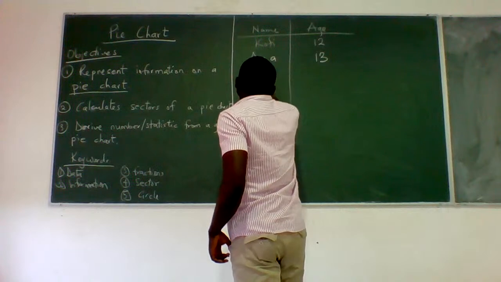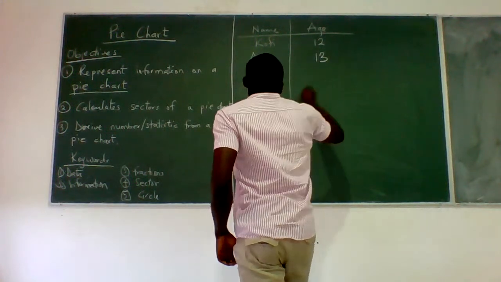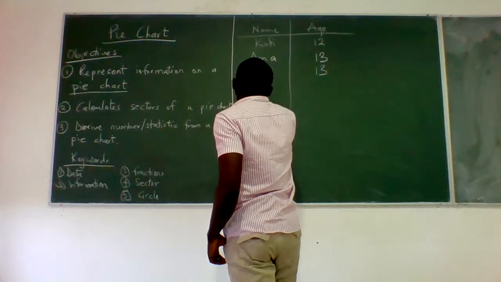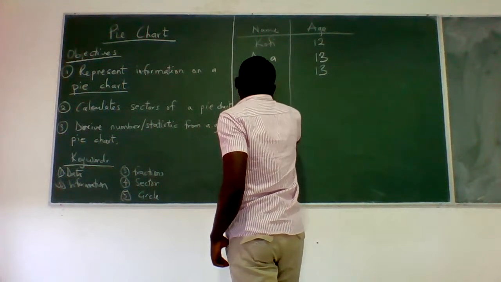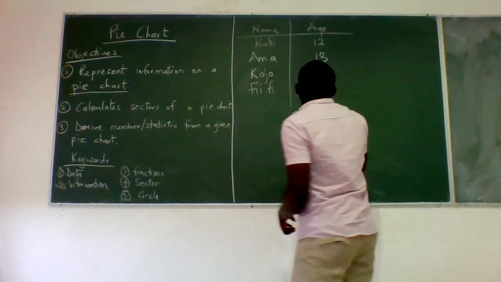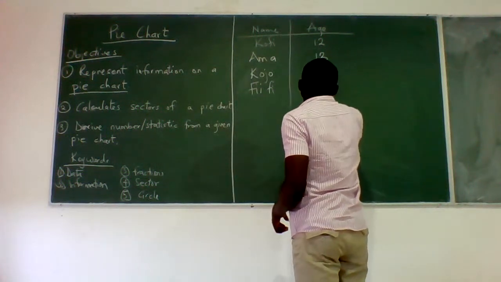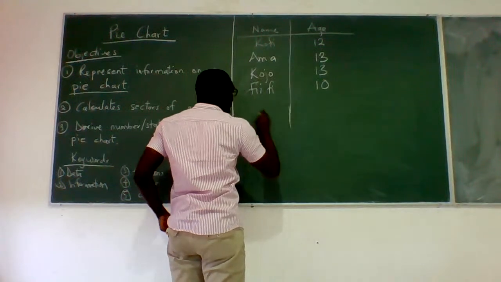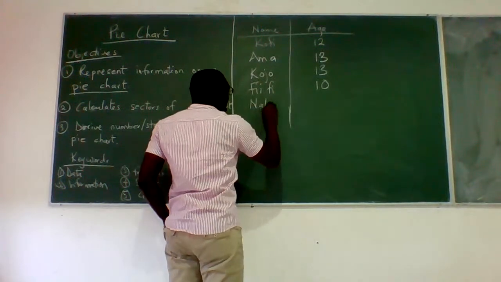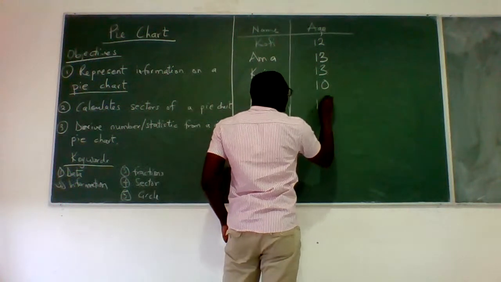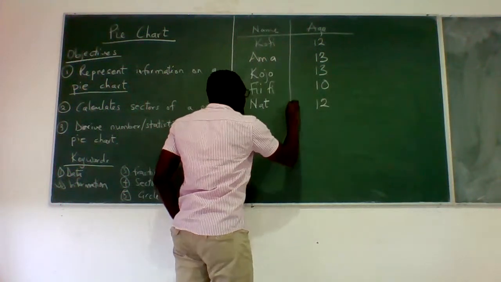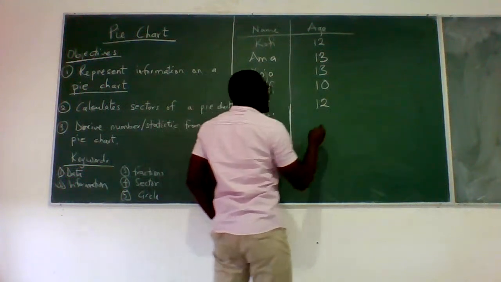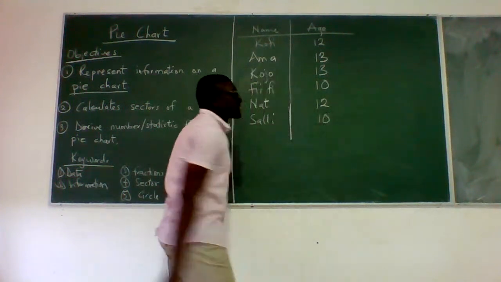And then let's say Kojo is also 13. We have, let's say, Fifi, and Fifi is 10 years old. Let's say we have Nat, and Nat is 12 years. We have Sally. Sally is, let's say, 10 years.